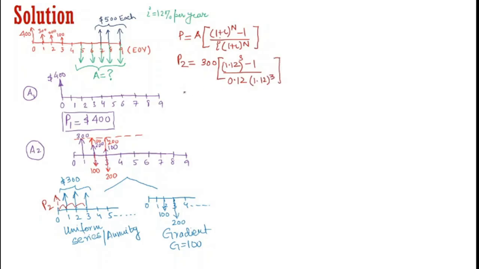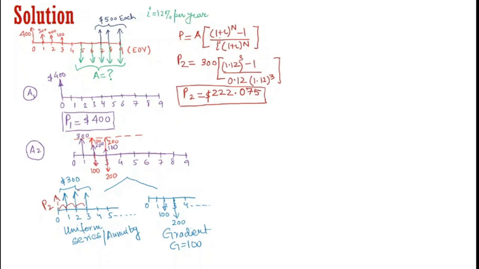If I compute this numerical value, this comes out to be 222.075, of course in dollars. So this is P2. Presently I am just focusing on the cash flow, the cash inflows I am considering.